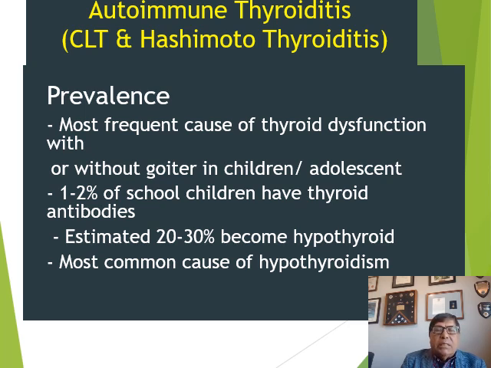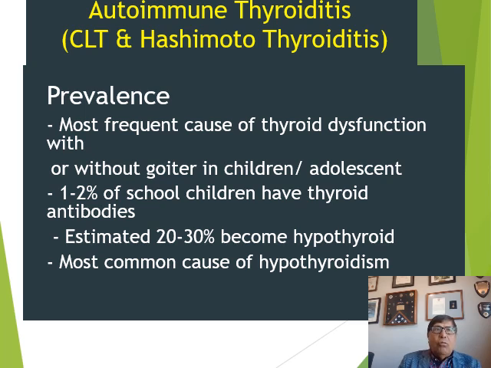The highest incidence of Hashimoto's thyroiditis or autoimmune thyroiditis is around the third and fourth decade of life. However, in pediatrics, it is the number one cause of thyroid dysfunction. This condition may present with or without goiter in children and adolescents. However, in adults, they usually have goiter almost all the time.